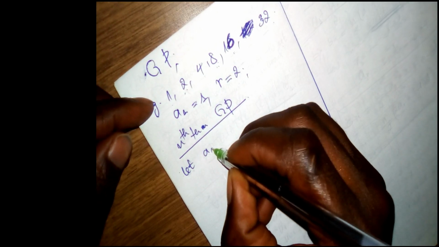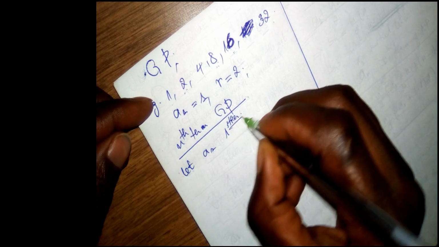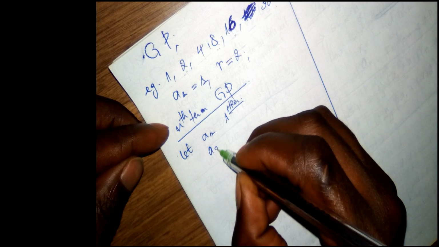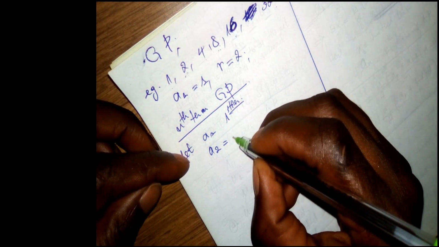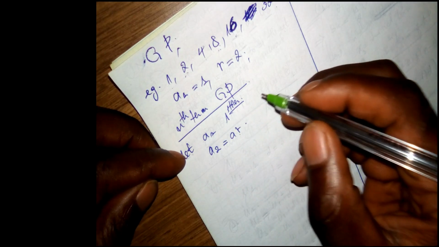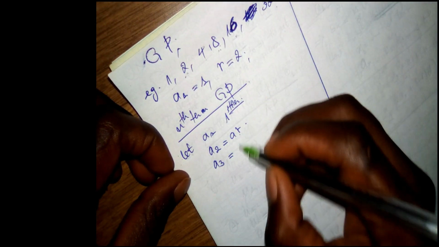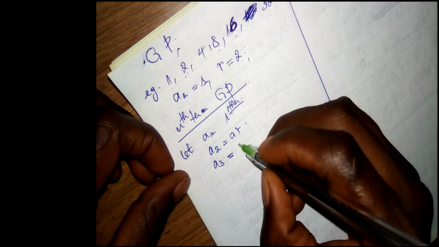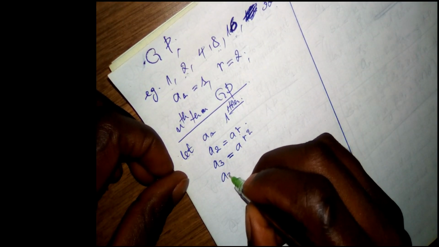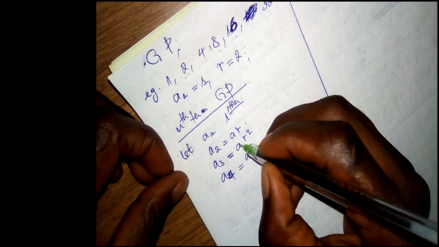Then a2 will be equal to a1 times r, where r is the common ratio. a3 will be equal to a1 r power 2, a4 will be equal to a1 r power 3, and a5 will be equal to a1 r power 4.